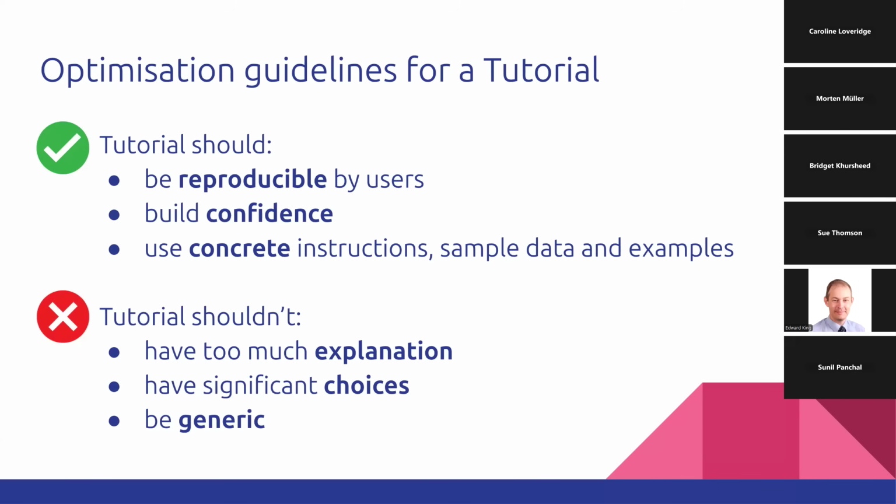What's next? Significant choices in the tutorial. Ideally, a tutorial should be like a roller coaster. So people should follow the instructions, but they should not have this divergence when they have to decide whether I go this way or this way. Ideally, a tutorial is a single way without this divergence at all.